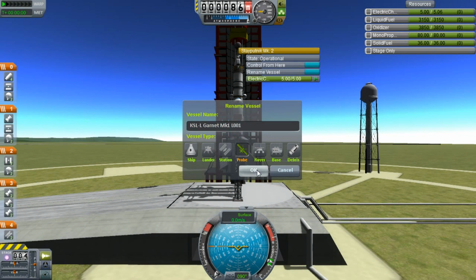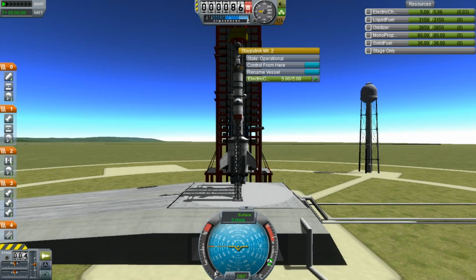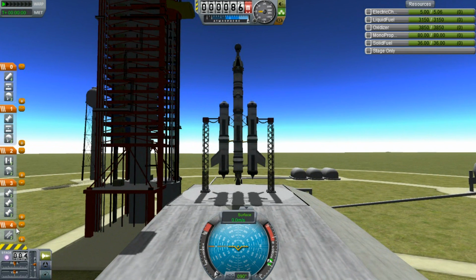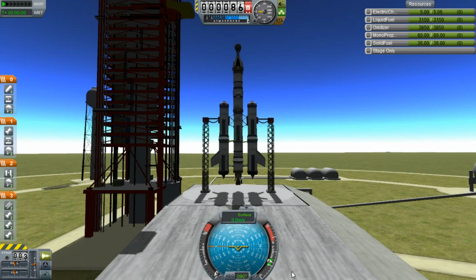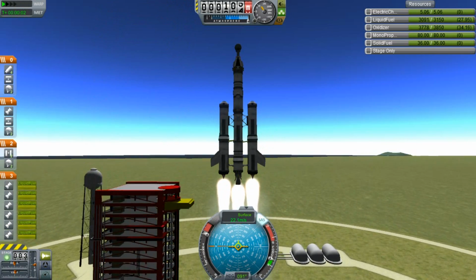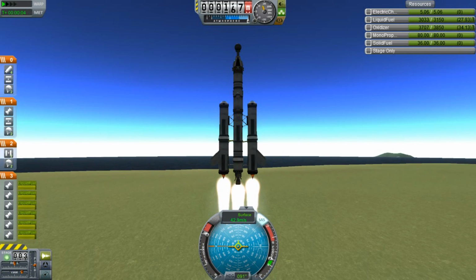Roger. Checklist complete. Continue count. 10, 9, staging set. 8, 7, stage. Continue 6, count. 5, 4, 3, 2, 1. Mark. Total set. SAS set. Lift off. Clear the tower.